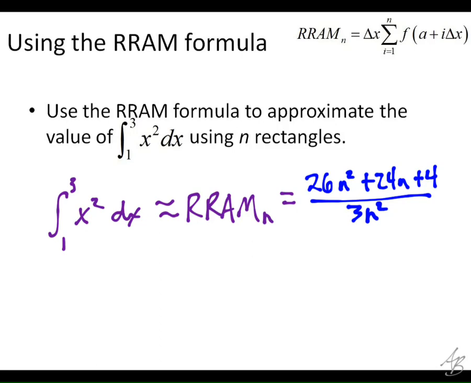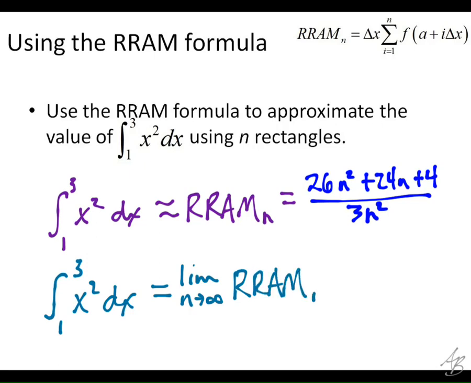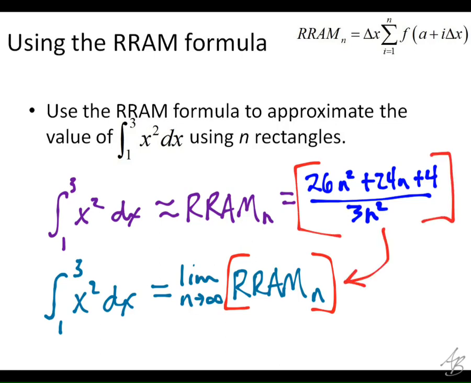Well, it turns out, and the proof of this is a little bit complicated, and you don't have to understand it, but it makes sense that this would happen. It turns out that the value of this integral itself, the integral from 1 to 3 of x squared with respect to x, is equal to the limit as n approaches infinity of RRAM n, which in this particular example, I can replace with this, and that's going to give us the exact value.